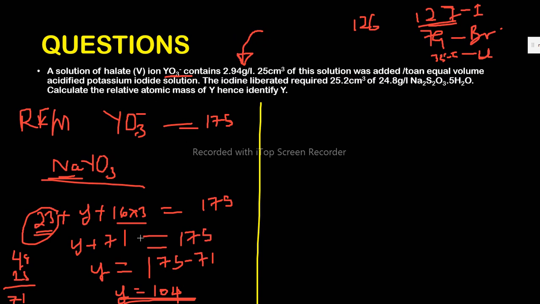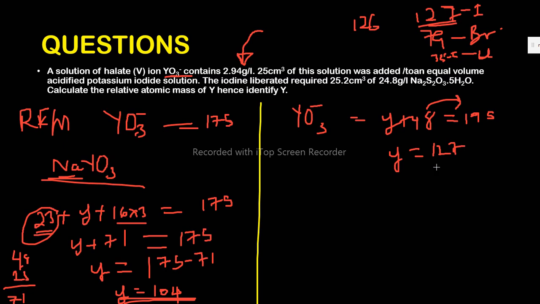But if we don't consider it, let's say you just consider YO3 minus, it will just be Y plus 48, which is equal to 175. When you take the 48 to the other side, we shall get 127, and Y is iodine.